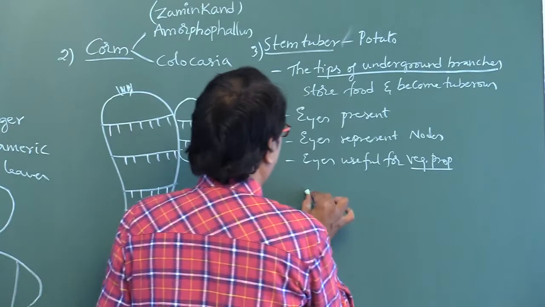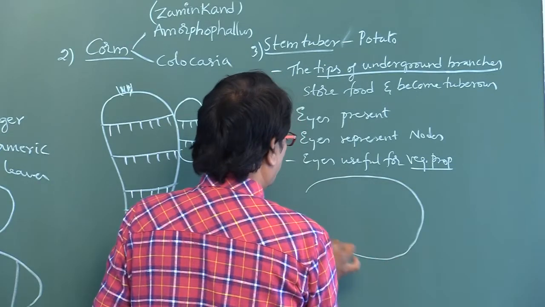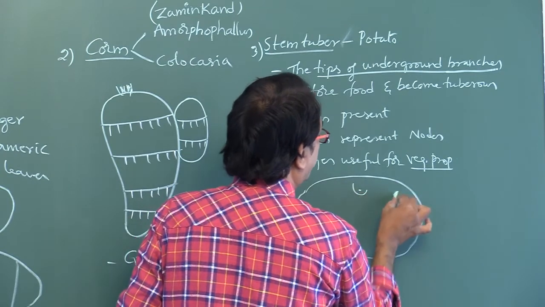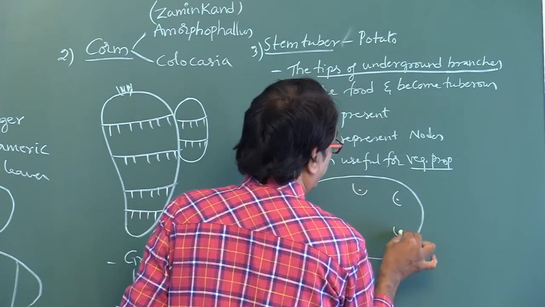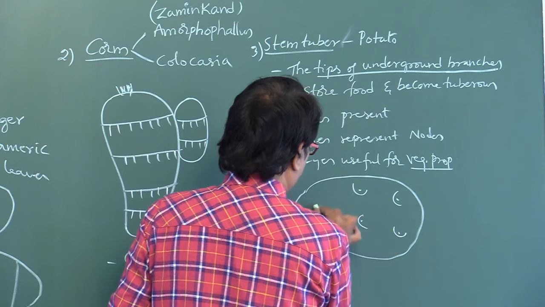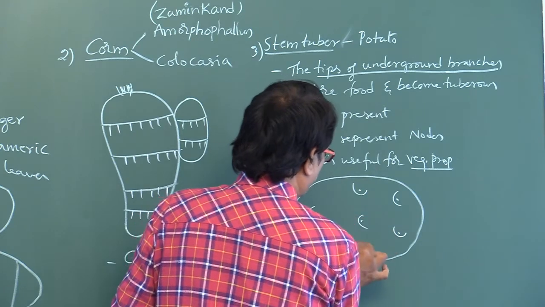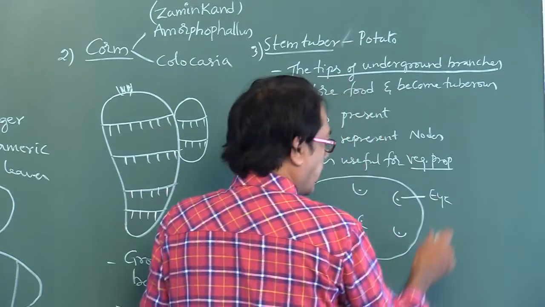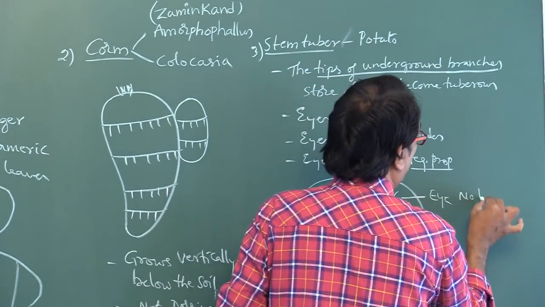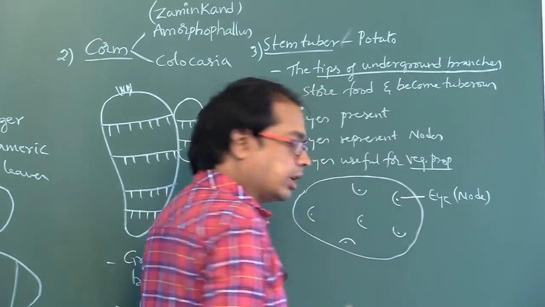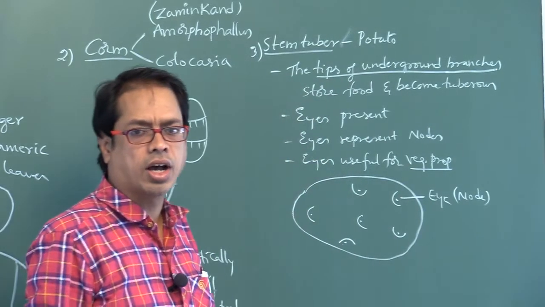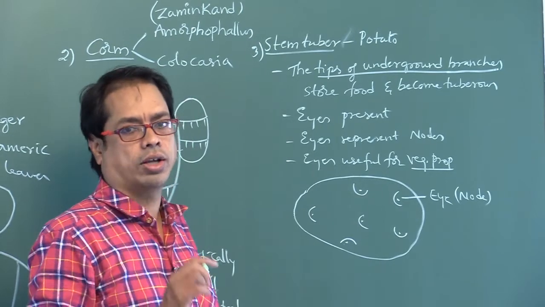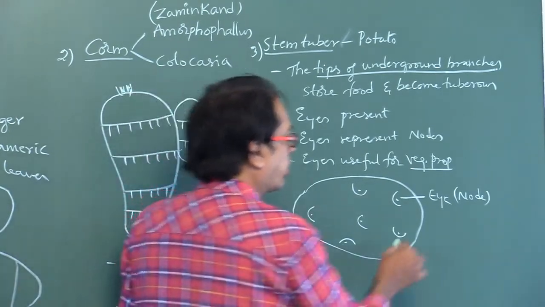Let us suppose this is the potato and here are the eyes. So this is nothing but an eye. Eyes represent nodes. The distance between two nodes is called internode. Right, this is potato.